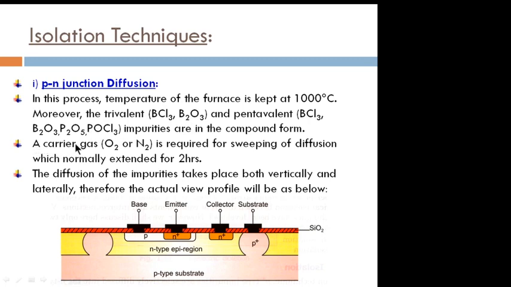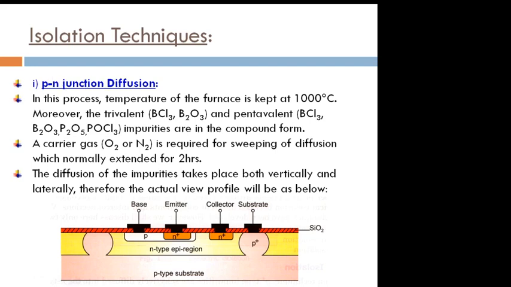Sometimes for the safer side, as I have shown you the tubular furnace with multiple inlets of gases, such a tubular furnace is used with oxygen or nitrogen. It is required for the sweeping diffusion, which normally extends to 2 hours. This could be one of your viva questions. What is the extended time period for the p-n junction diffusion technique?